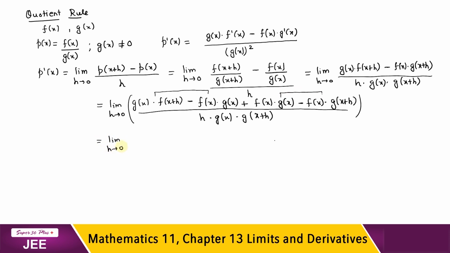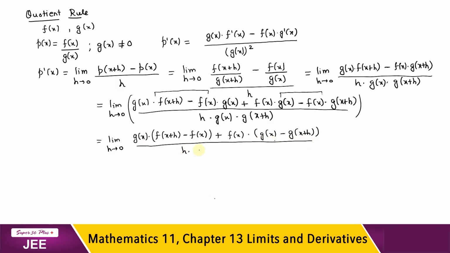So limit h tending to 0, this becomes g of x multiplied by f of x plus h minus f of x, plus on taking f of x common from these two terms, we are left with g of x minus g of x plus h, and this is whole divided by h into g of x into g of x plus h.